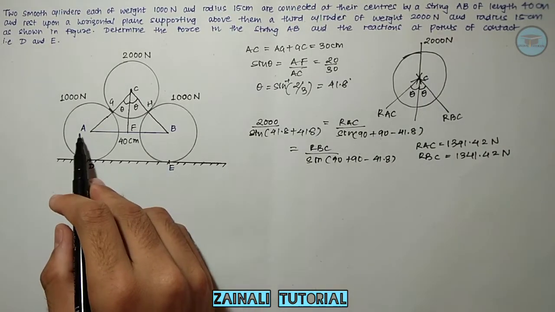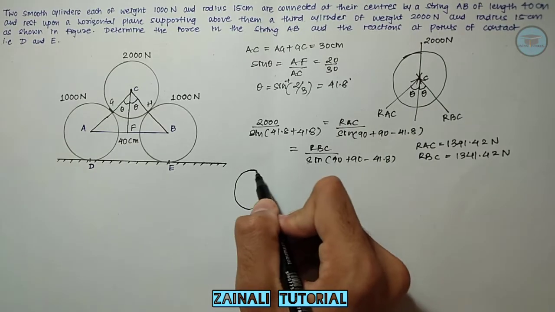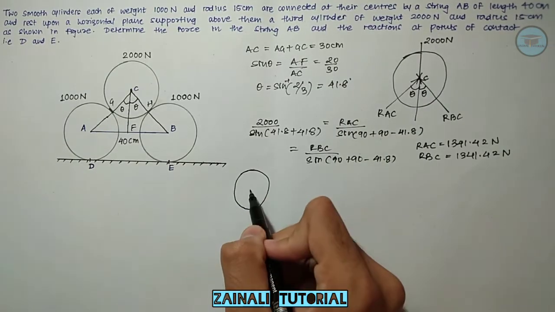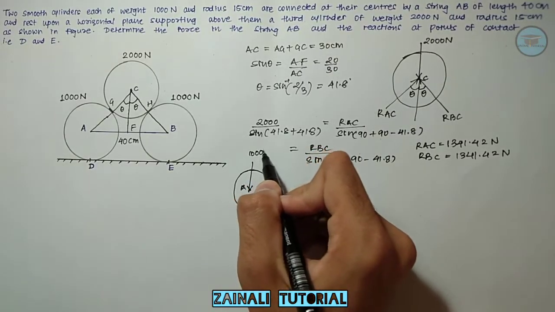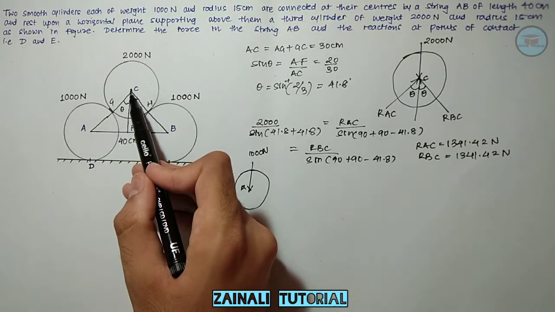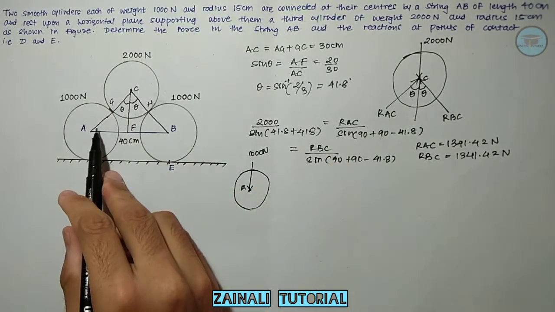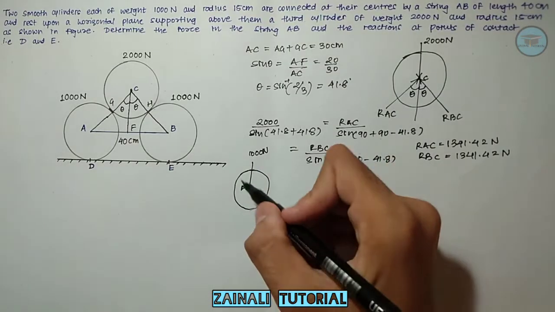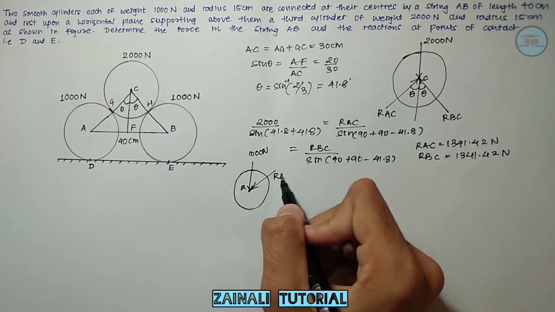Now we are considering cylinder A to be in equilibrium. We are drawing the free body diagram of cylinder A. There is a self weight of 1000 Newton. Also there will be the reaction due to the contact coming from cylinder C to cylinder A, and its magnitude would be equal to RAC only.